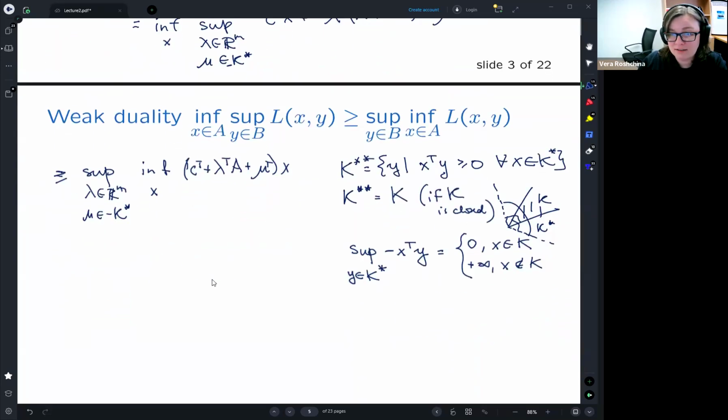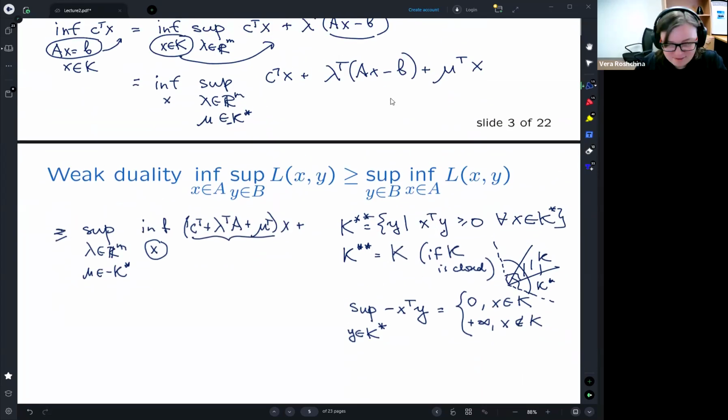And because x is unbounded, x is just from the real space R^n, this guy will be minus infinity whenever the thing in the brackets is non-zero. Sorry, I also have to have the remaining term, minus lambda transpose b. When this guy is zero, it will be zero, and when it's not zero, then it will be minus infinity.